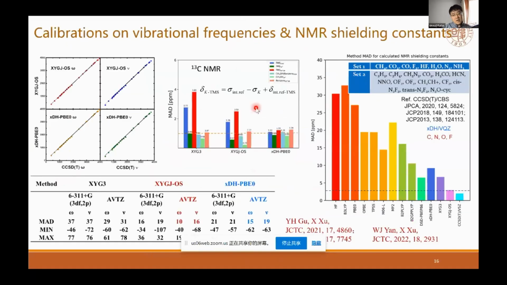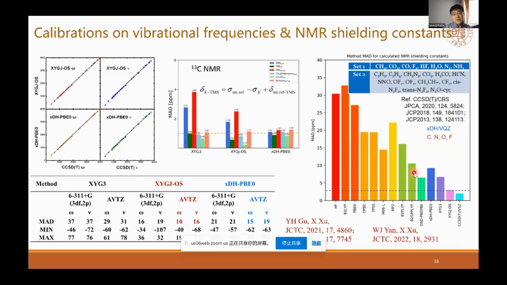Here it shows the performance for the calibration of calculated vibrational frequencies and NMR shielding constants. As compared to the CCSD(T) result, we can achieve an accuracy of less than 20 wavenumbers for vibrational frequencies.